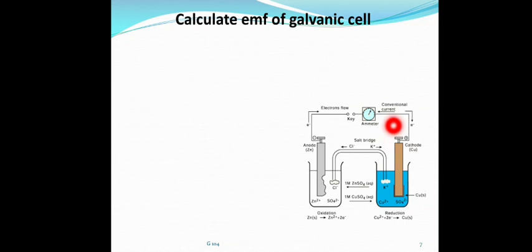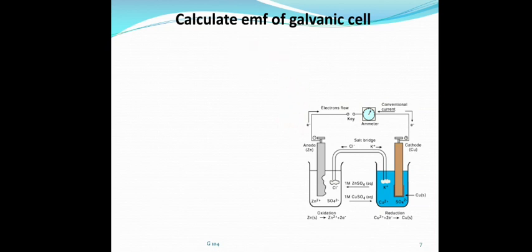But the conventional current flows from cathode to anode. It is always opposite to electron flow. Are you able to follow? And why the salt bridge is there, I told you in the last class itself. But simply when you connect two electrodes, there is an electron flow, there is a flow of electric current.